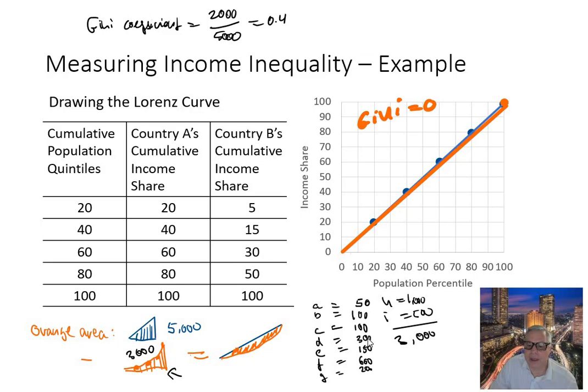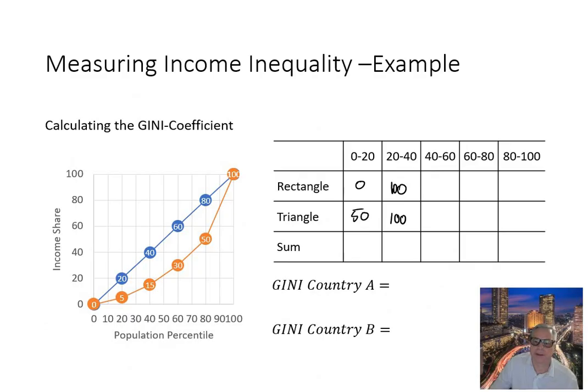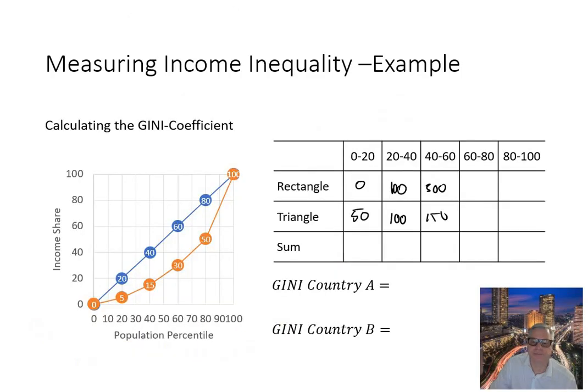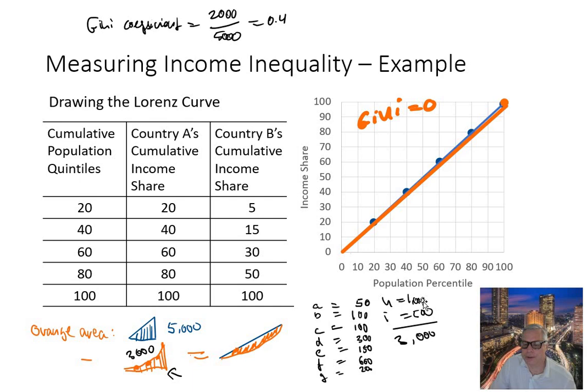Then we had the rectangle of 300 and 150. And then we had 600 and 200. And the last one was 1,000 for the rectangle and 500 for the triangle.